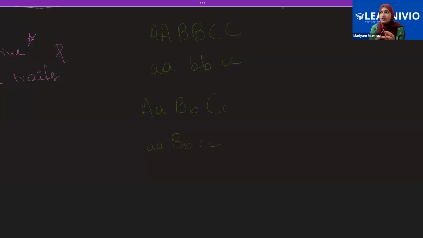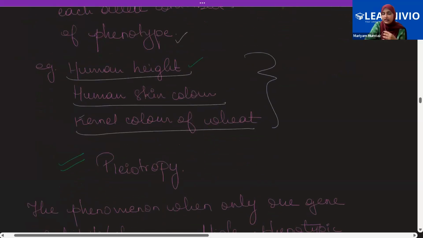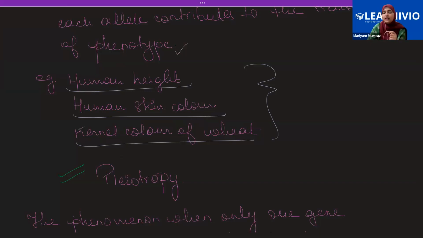So the kind of inheritance wherein so many genes act, and the effect of these genes is additive, and the inheritance is because of three genes or more, we call it polygenic inheritance. Other than human skin color, there's also human height, and also the kernel color of the wheat. Clear?